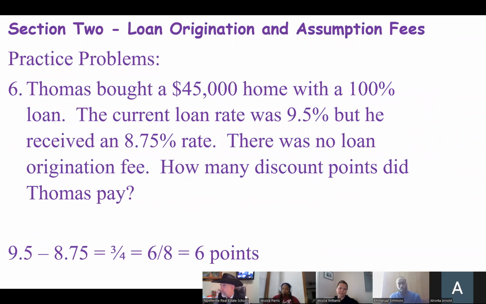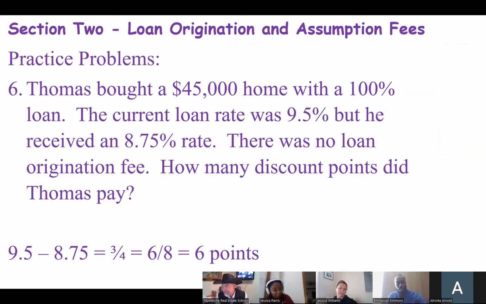Is it asking you for how many discount points, or is it asking you for the discount point fee? Now, Jessica Paris, if it was asking us for the discount point fee, what would be our next step here? You multiply the loan amount by the, is it the 0.75?